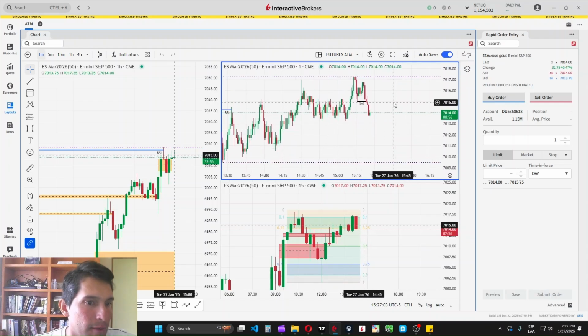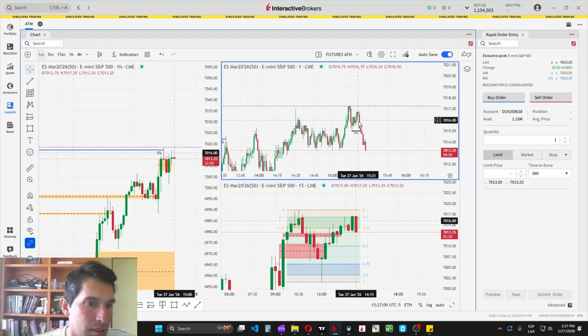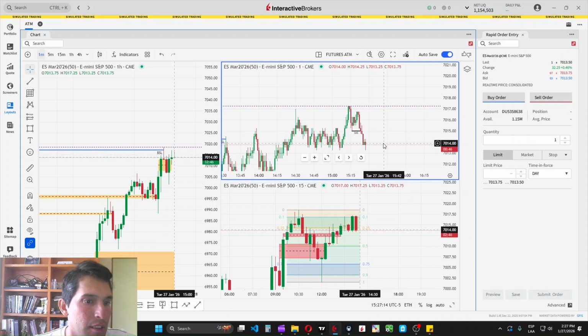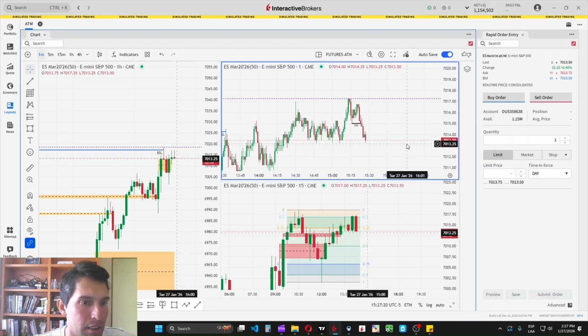So this is the high, this is the low, then price goes up, then it breaks that low, and then I enter there. So I hope the price gets to the target, and let's see if I can get a winning trade today.